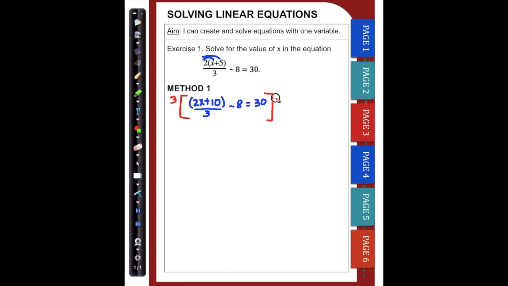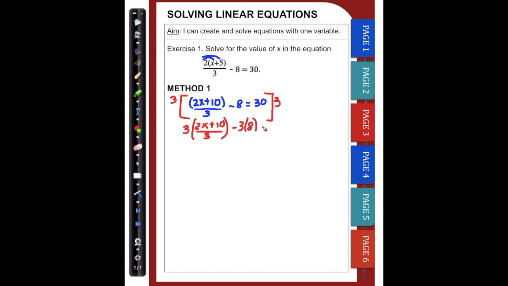So times 3 on both sides of the equation, and that should give us 3 times the original expression, quantity 2x plus 10 all over 3, and then 3 times negative 8 equals 30 times 3, which should give us 90.